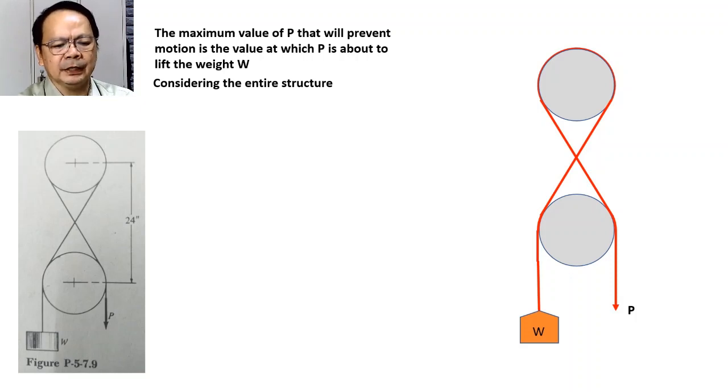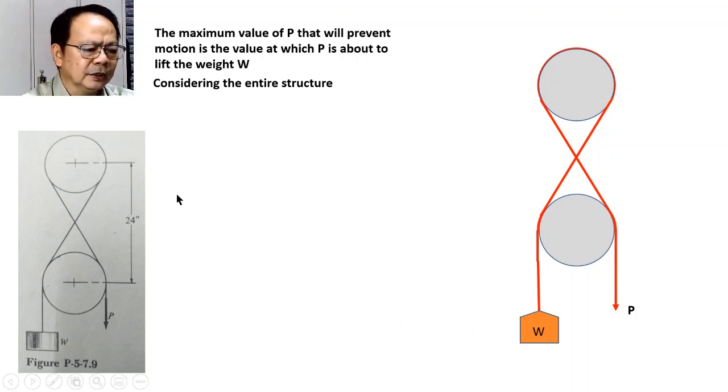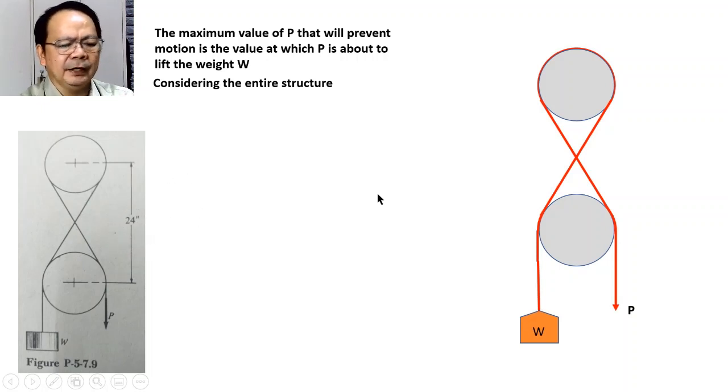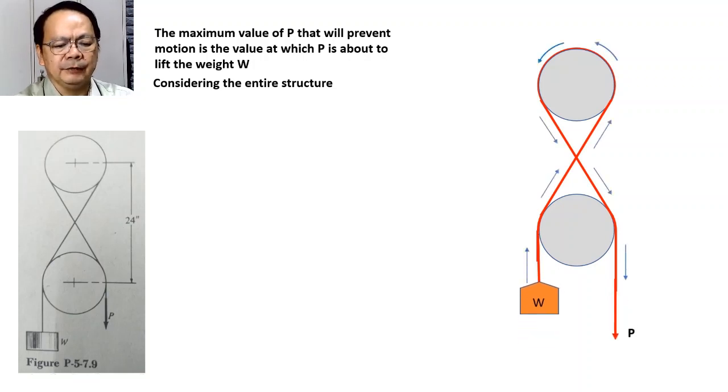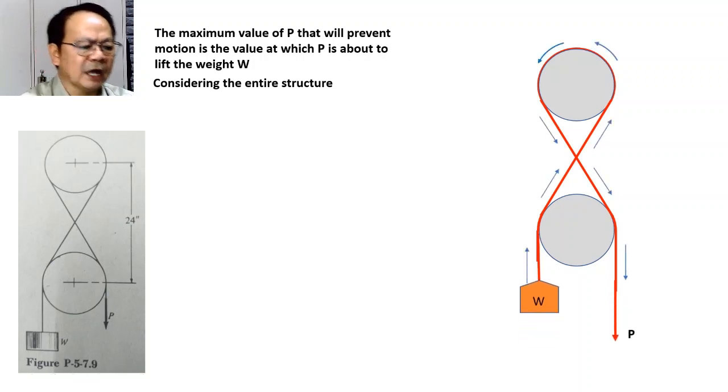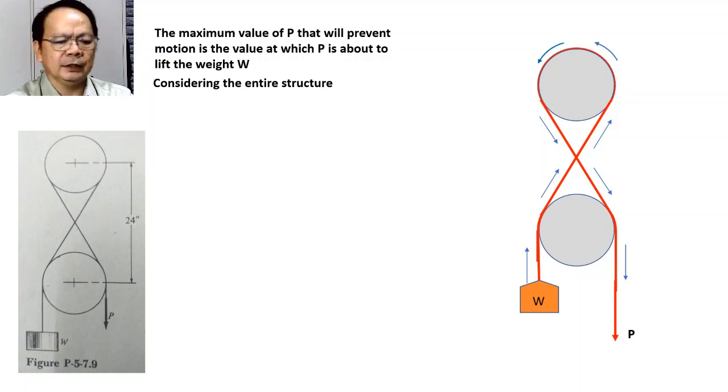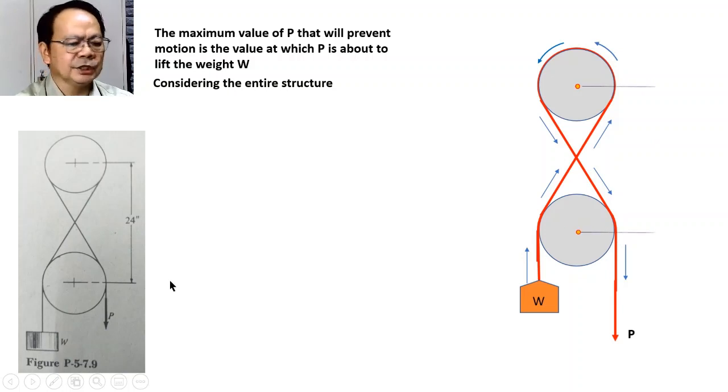And from here, let us imagine defining the dimensions so that we can define how much the angle is that this rope is subtending against the two fixed posts. Okay? If this will be directed in that manner, let us identify the dimensions. From these 2 points, the dimension is equal to 24 as indicated in the problem.